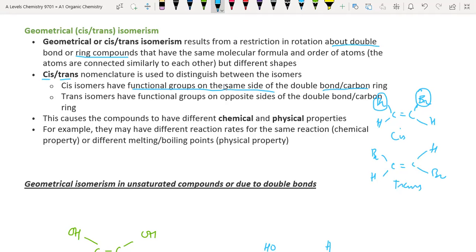Functional groups on the same side of the double bond, then the structure would be cis. Trans form has functional groups on the opposite sides of the double bond.